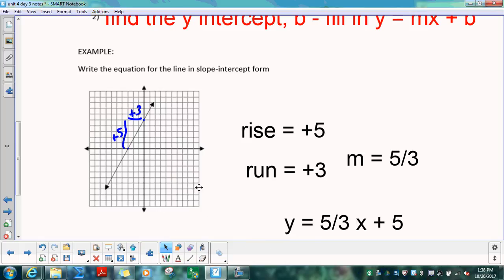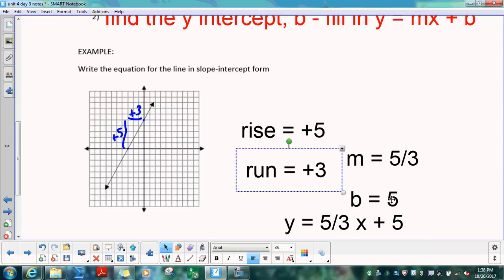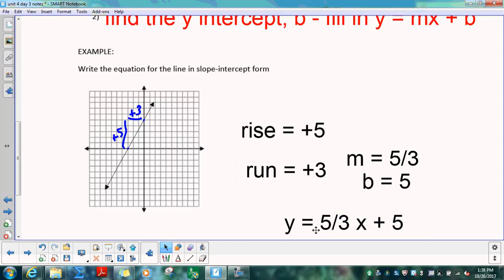My y-intercept is at 1, 2, 3, 4, 5. So my b is 5. So, y = 5/3 x + 5. It's plus 5 because I had a positive y-intercept. So I just write that down.